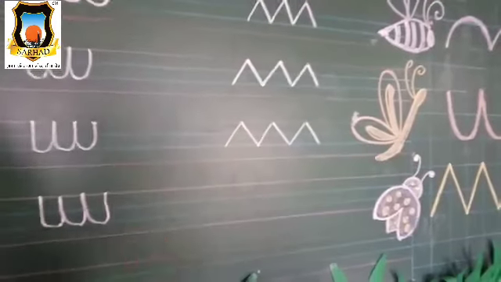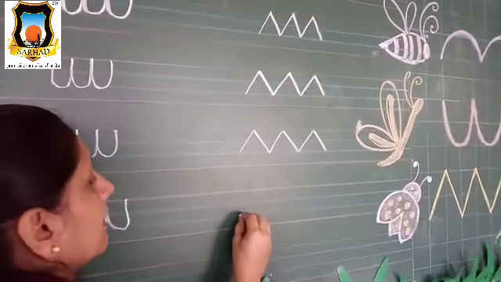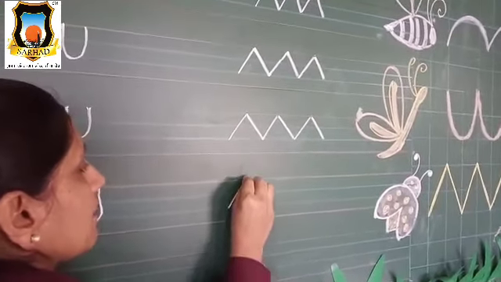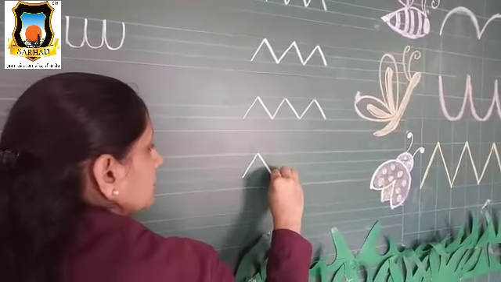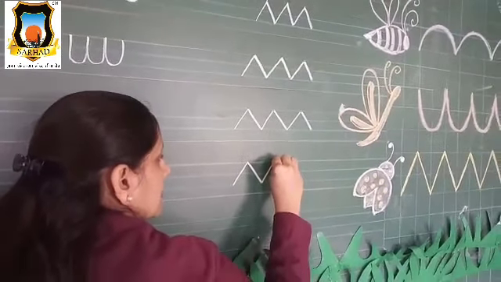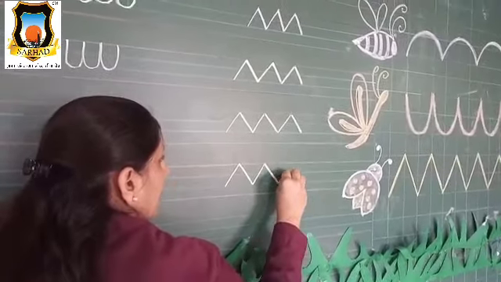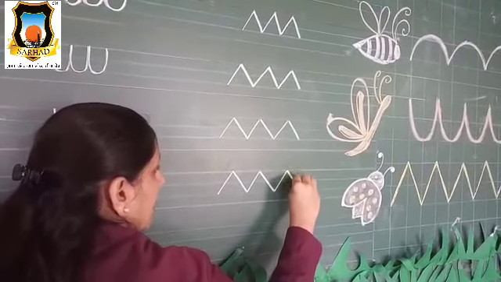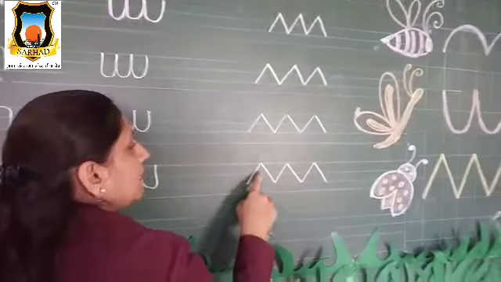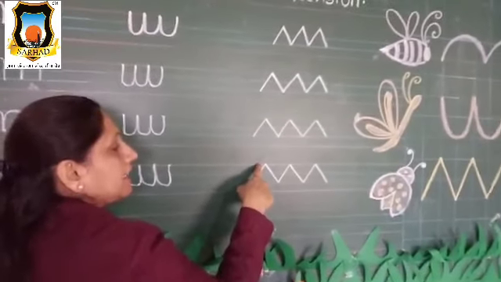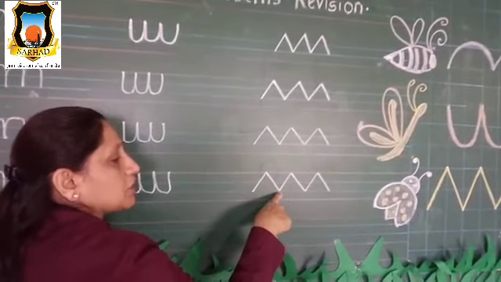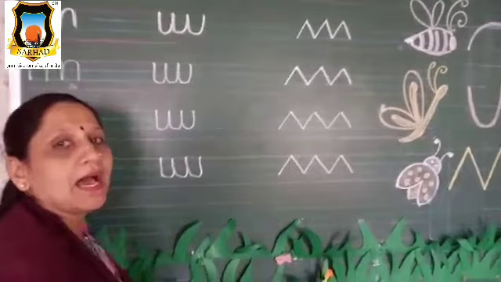This is an up down. Okay, again up, down, up down, up down. When we go up, you have to touch on this red line. When we go down, you have to touch on this second blue line.